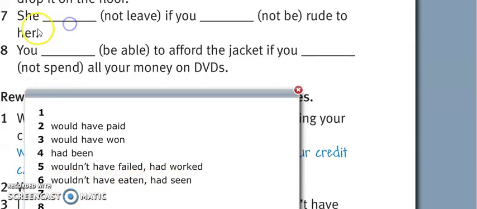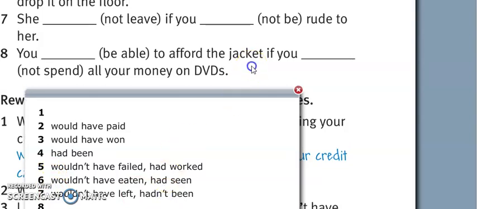Number 7: she not leave if you not be rude to her. She wouldn't have left if you hadn't been rude to her.